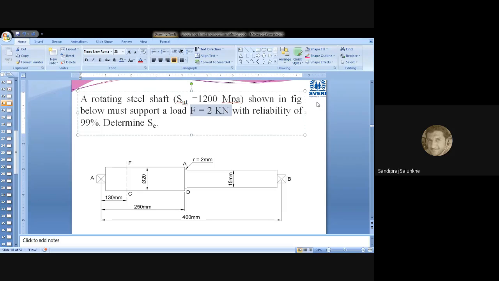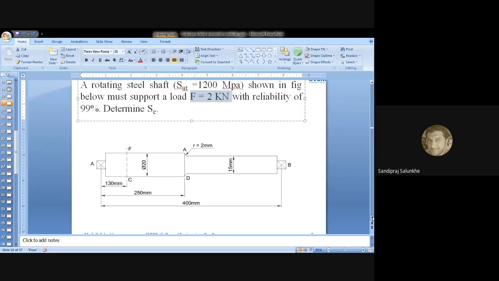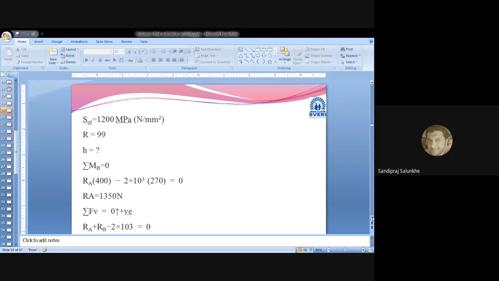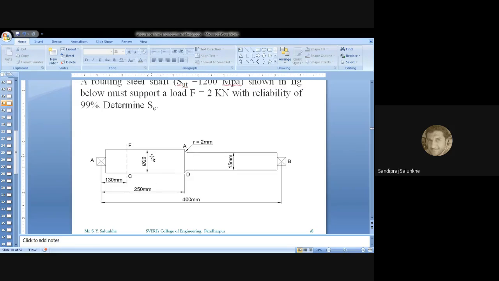Now, while we are going to solve this problem, you can see the dimensions of this rod. It has a 20 millimeter diameter, and later on one step is produced here, which has a 15 millimeter diameter, and the fillet radius given is 2 millimeter.